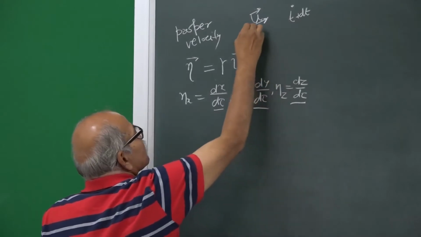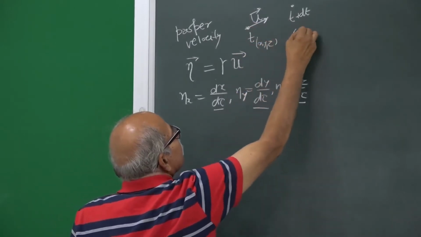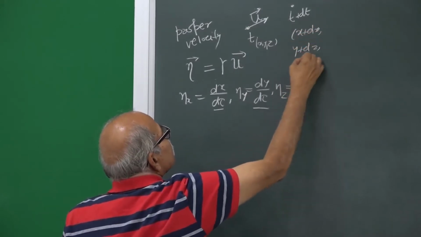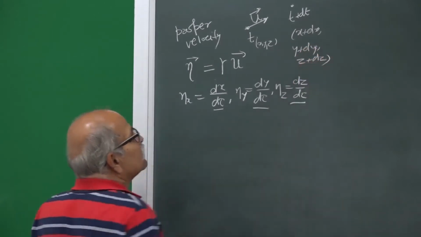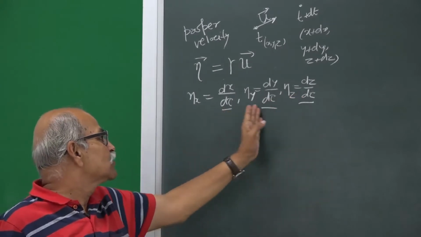And this location is x y z, and this location is x plus dx, y plus dy, z plus dz. So, these are the 2 events, and this is the proper time interval between these 2 events.